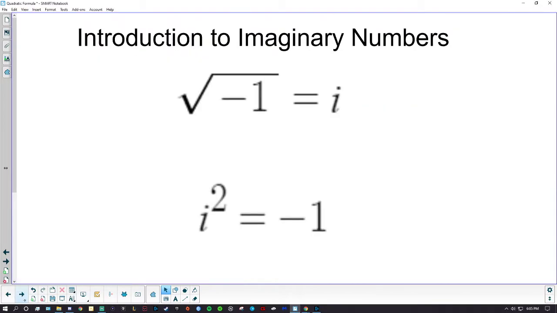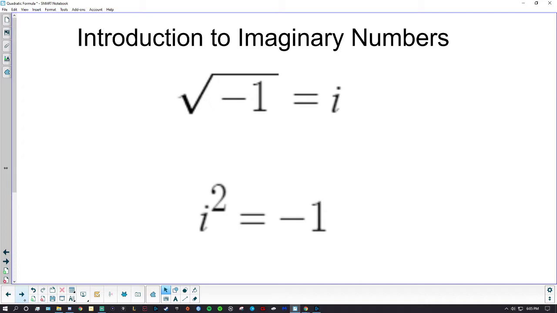So, an introduction to imaginary numbers. One thing you may have run into in school before is when you take the square root of a negative number. So when we do things like the square root of 4, the square root of 16, and we type that in our calculator, it gives us an answer. Even if it's an irrational number, it may be a repeating decimal, we can get fractions.